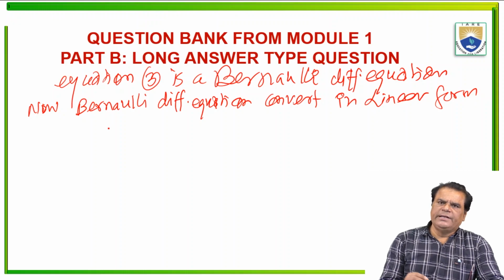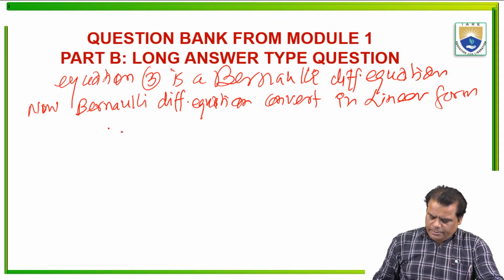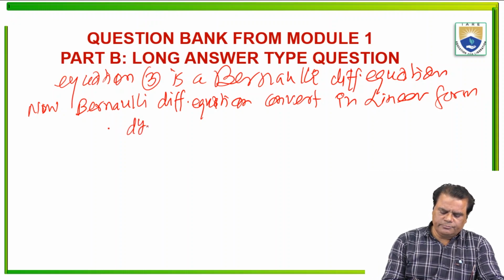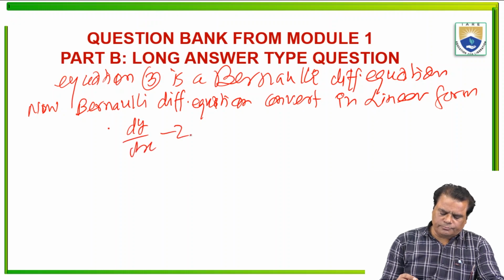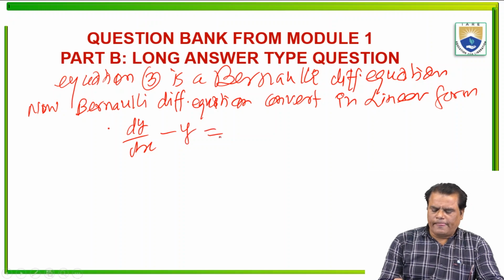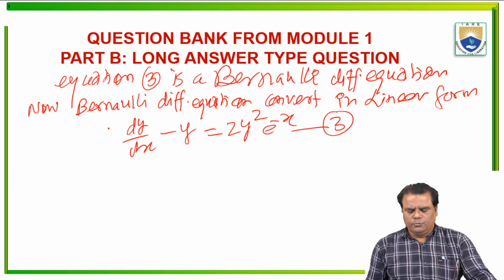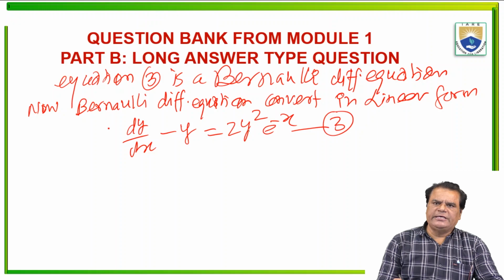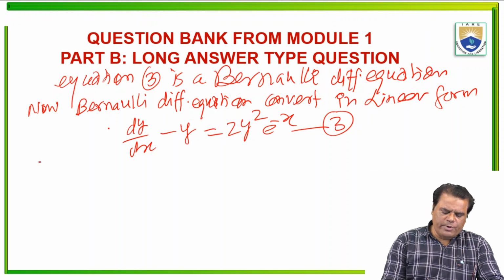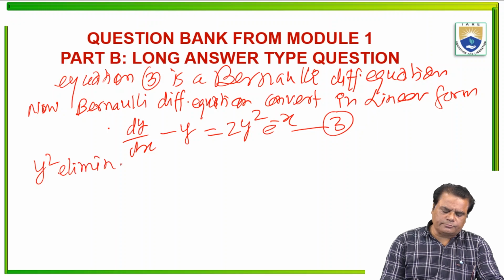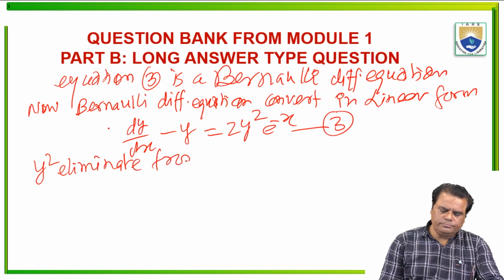So how can we change it into linear form? Here given dy/dx minus y equals 2y² e to the power minus x. So dividing by y², this y² is eliminated from the right hand side.